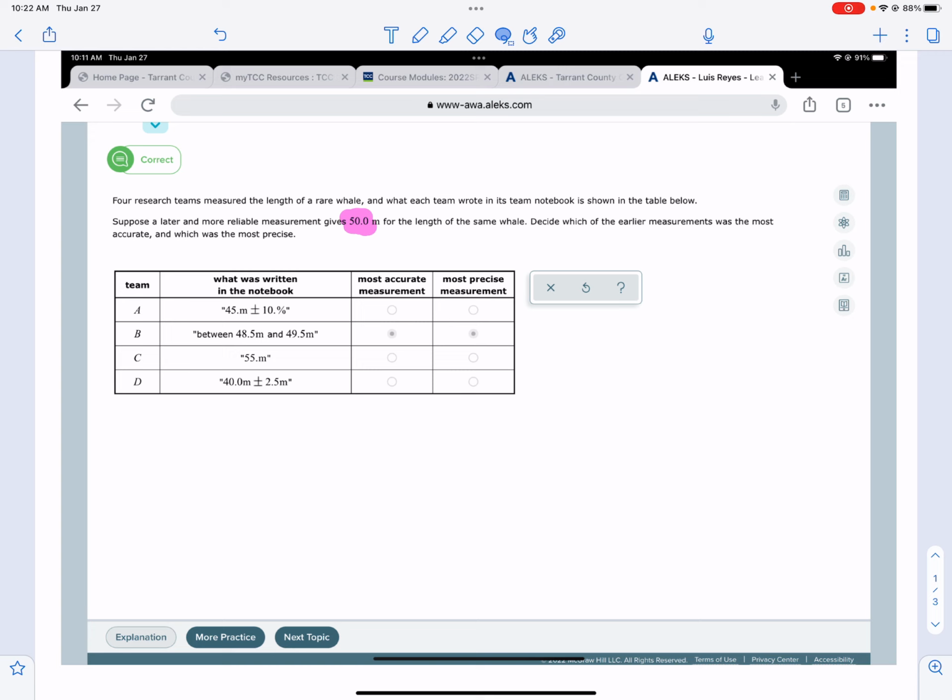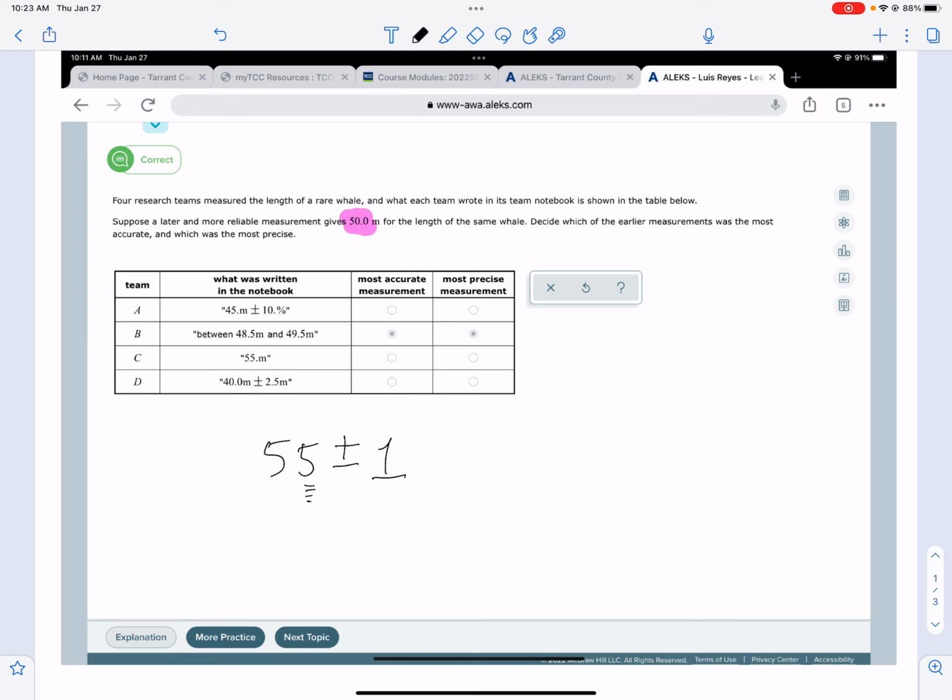The next one is 55. It doesn't give you plus or minus anything, so whenever you have a number that doesn't have plus or minus, you assume it's based on the last digit. The last digit here is a unit, so plus or minus 1.